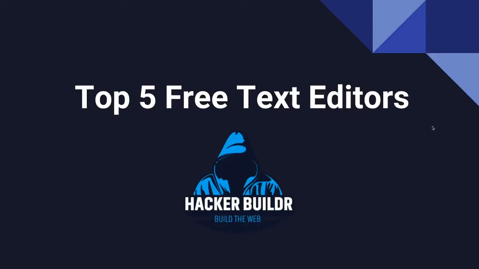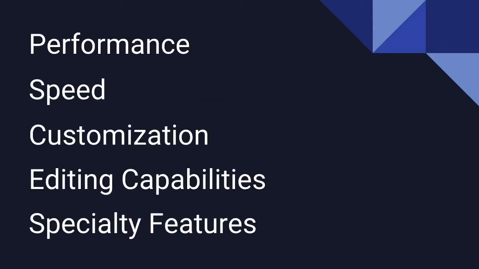The criteria I use to make this list are the following. Performance to me is all about consistency. It's just making sure that your editor is working as it is supposed to, regardless of what kind of application you're working on, whether it be a small app or a really large project. Speed. How fast does it open files? How fast does the editor load?